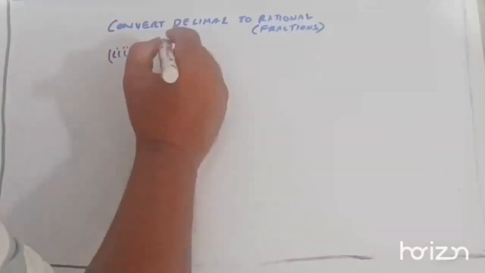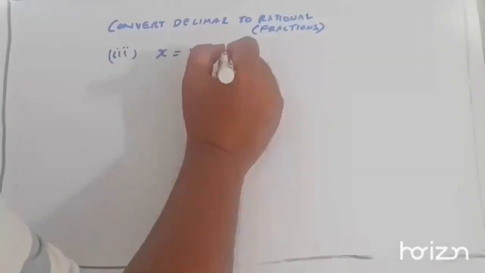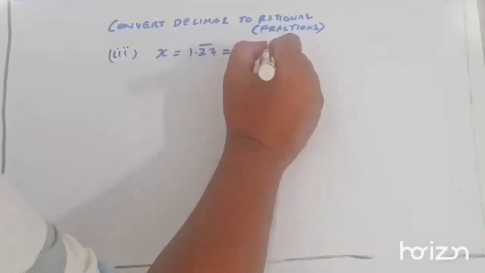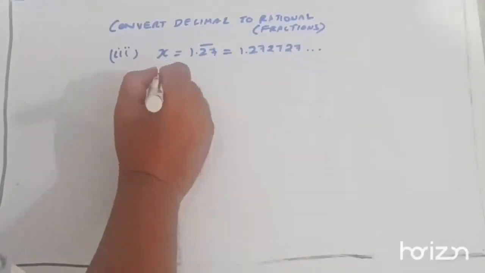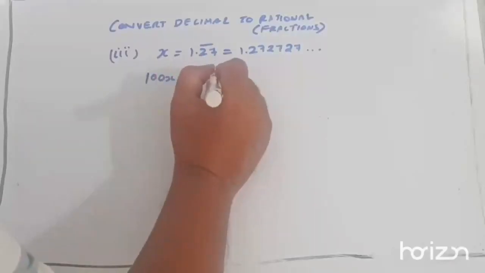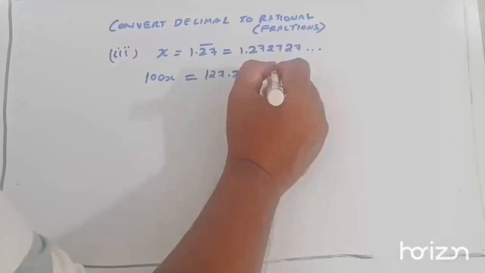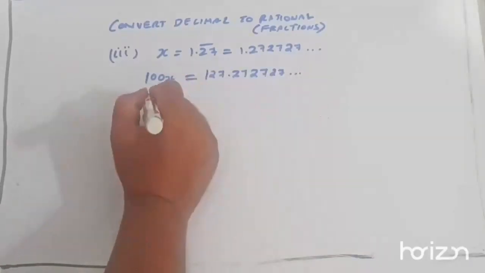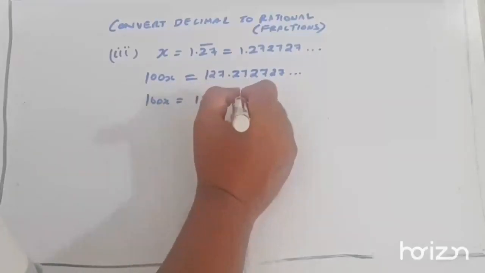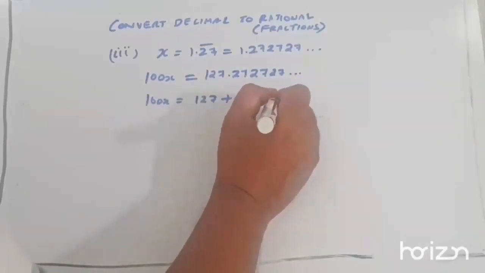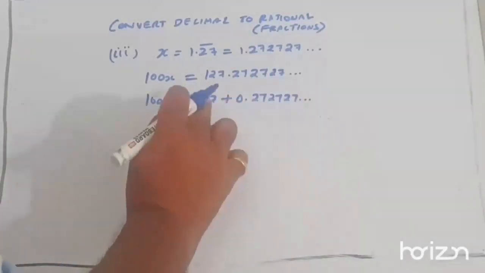So suppose x is now 1.27 recurring, that is 1.272727 etc. Now there are two decimal places recurring, so we multiply by 100 and make it 100x is equal to 127.2727 etc. If we write this as 127 plus 0.2727, we cannot replace this 0.2727 by x, because it is 1.2727, right?